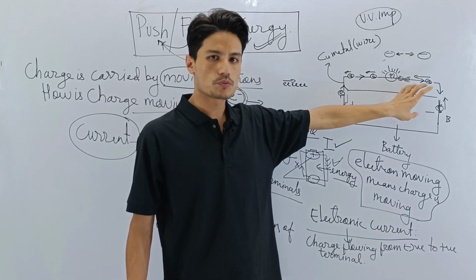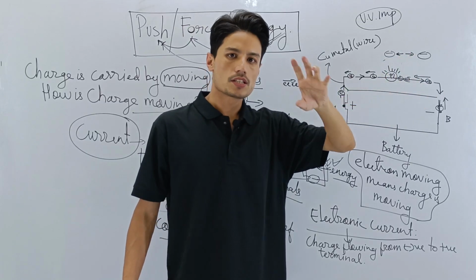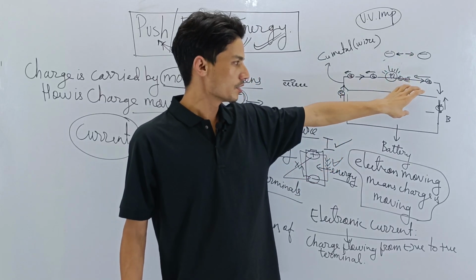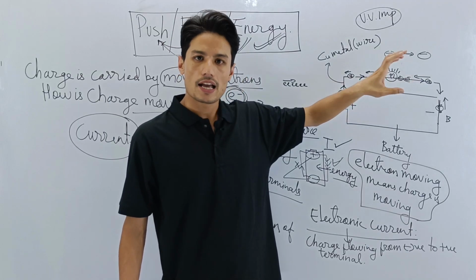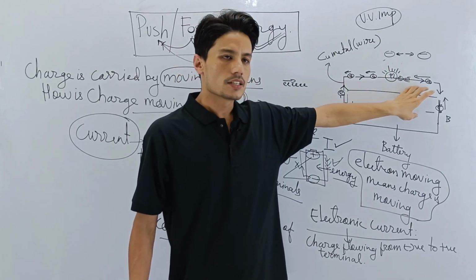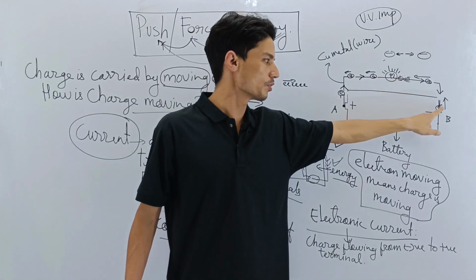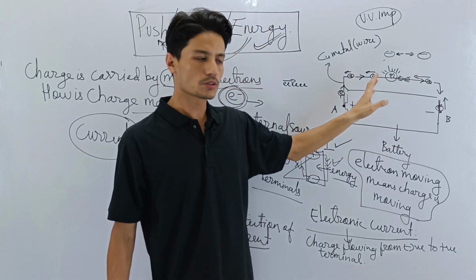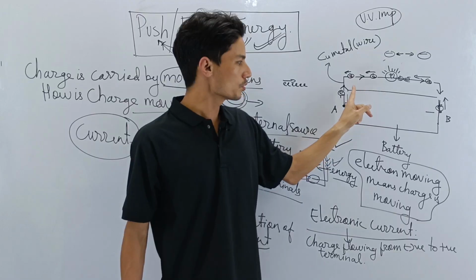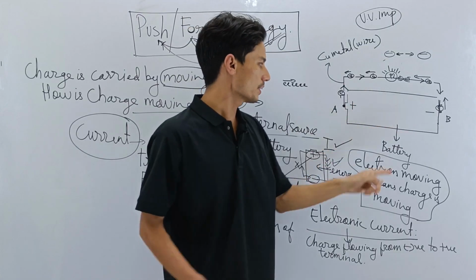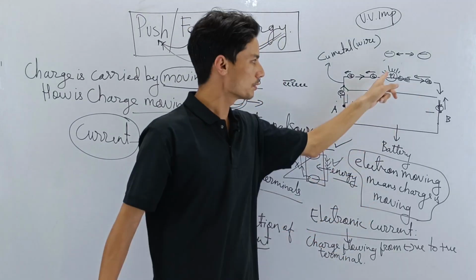And current, which we call current, is actually the flow of charge. Electric current is electric charge. The bulb is glowing because of this movement, because of the electrons moving. The bulb is not glowing because of movement from here to here. When nothing is moving from here to here, how will the bulb glow?